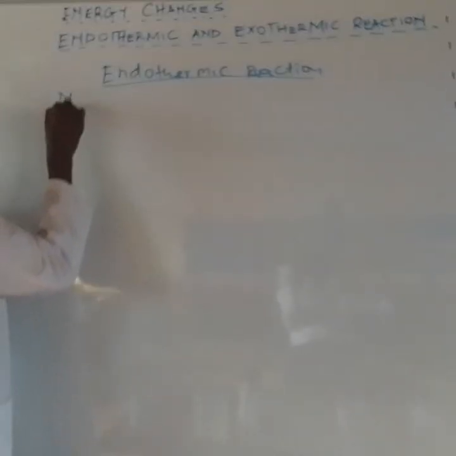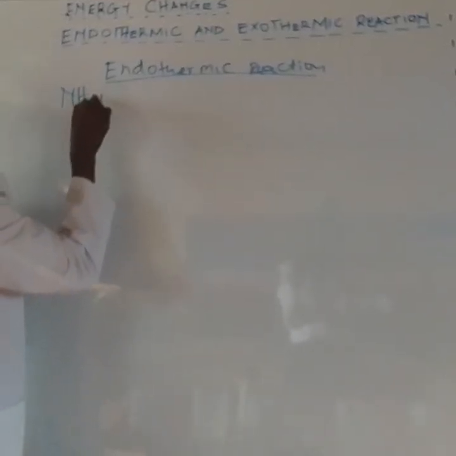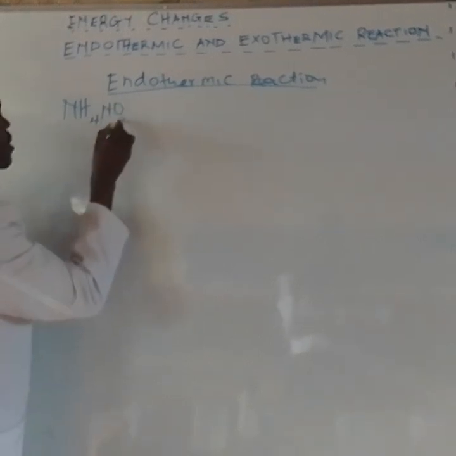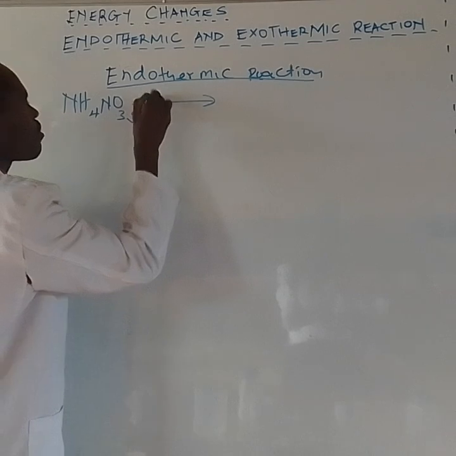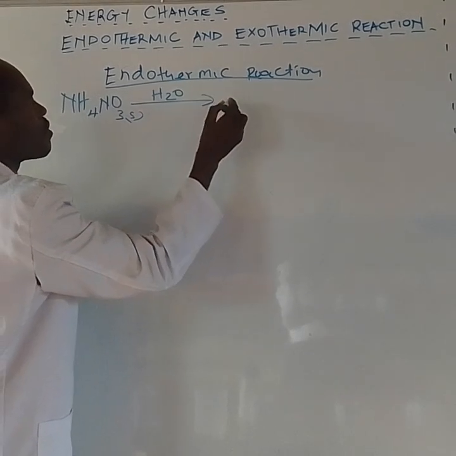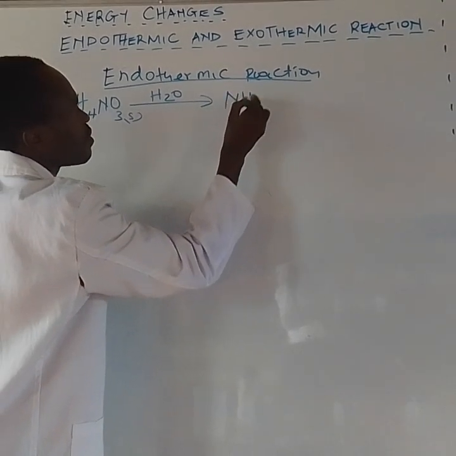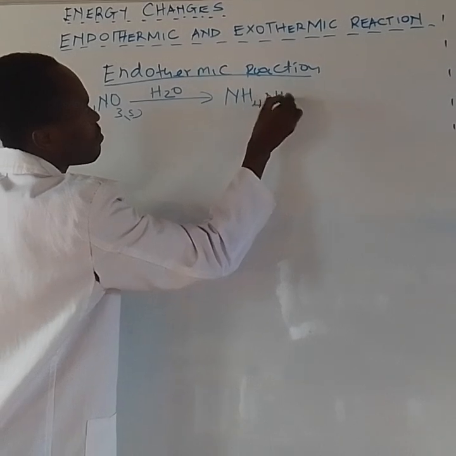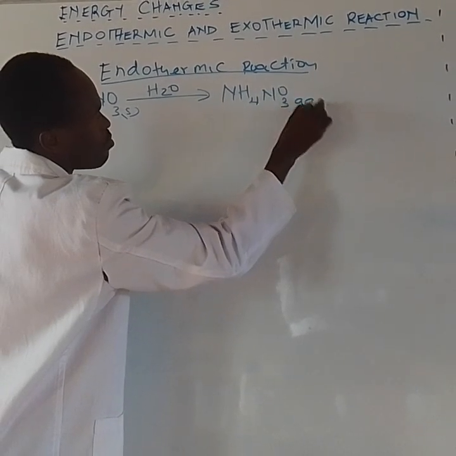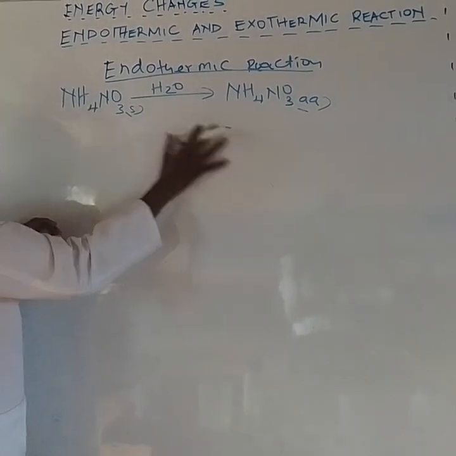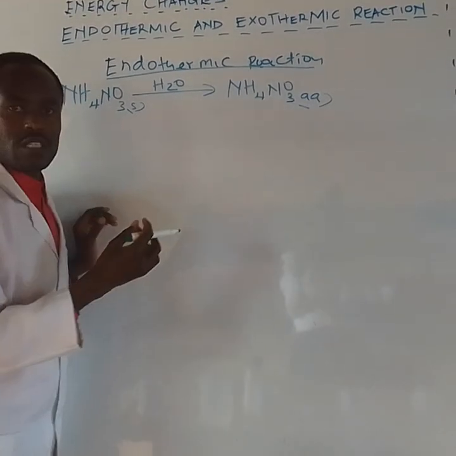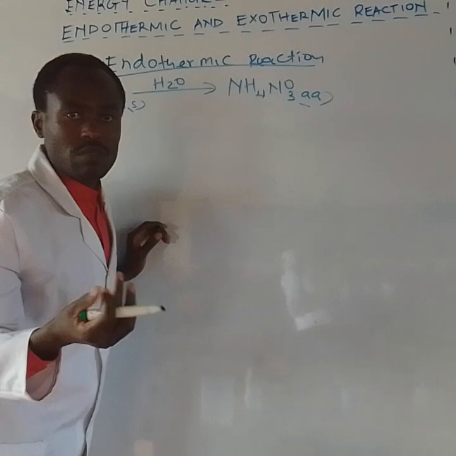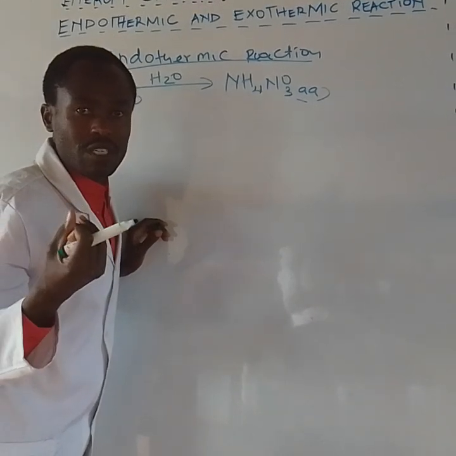When ammonium nitrate solid dissolves in water, it dissolves to form ammonium nitrate solution or aqueous ammonium nitrate. Is it okay? And we are saying that in this case temperature drops because heat is absorbed in this reaction.